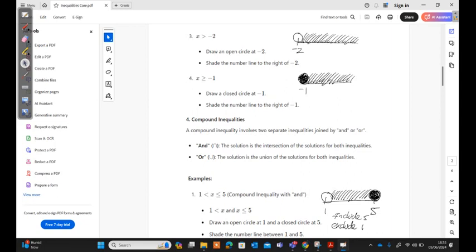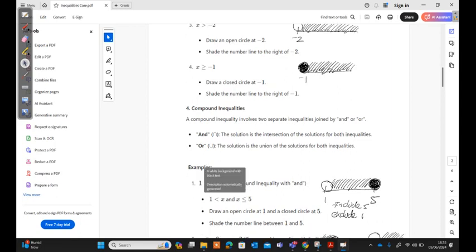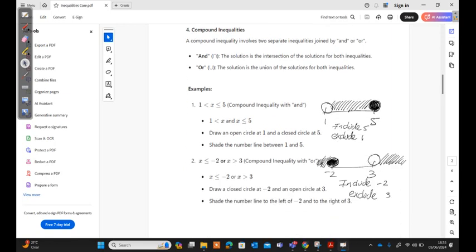So we use and, which can be represented by the intersection sign. Whereas if we have a solution which is a union of the solutions of two inequalities, meaning they are in two different directions, then we use or in the statement, or we use the union sign. And we're going to represent that in the two questions here.